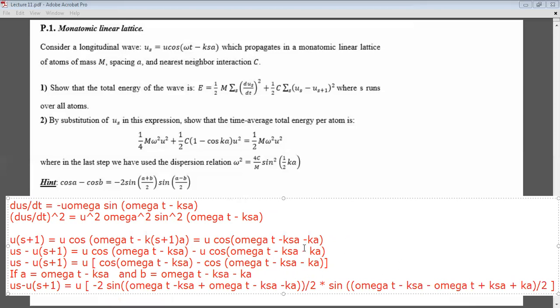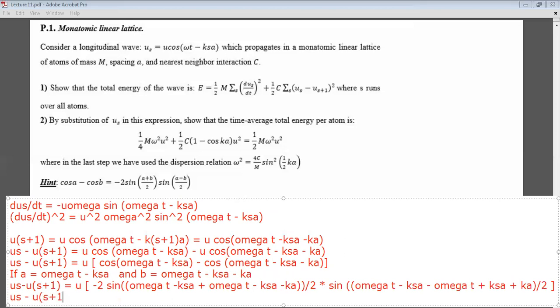Now we can continue here. us − us+1 is equal to what? It's equal to u times −2, I can take it outside, right? So I will have −2u times sin of (ωt − ksa + ωt − ksa).